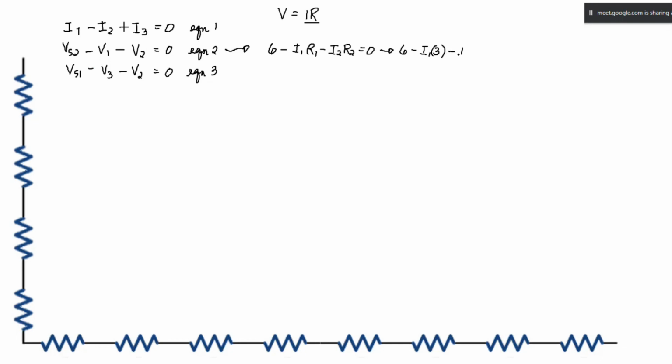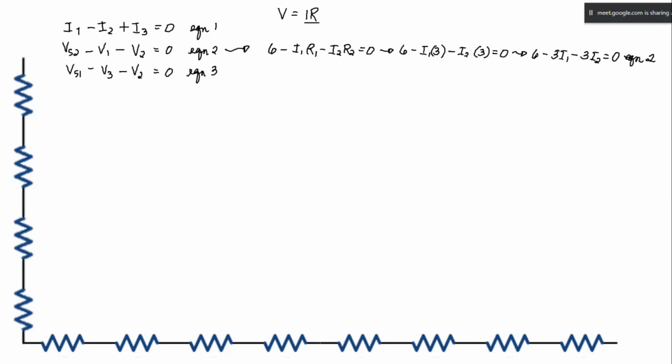Minus I sub 2, ang R sub 2 natin, 3 pa rin yon, equals 0. Or, pwede po nating sabihin, 6 minus 3 times I sub 1 minus 3 times I sub 2 equals 0. And this is our equation 2 also.